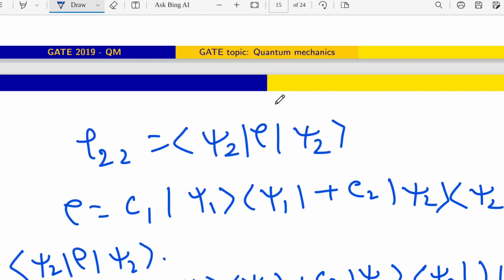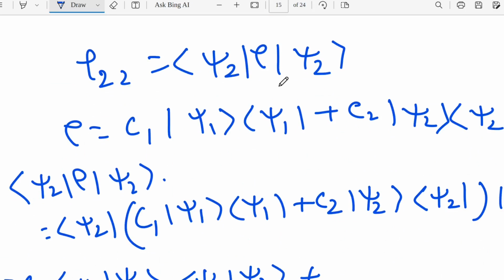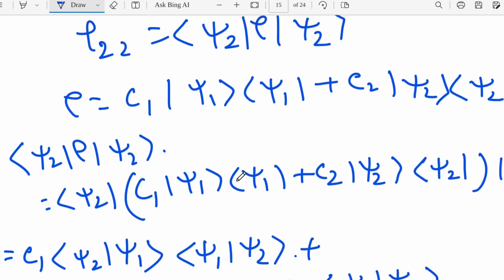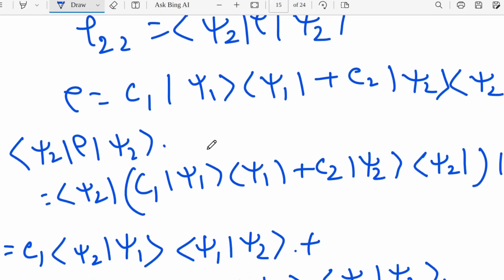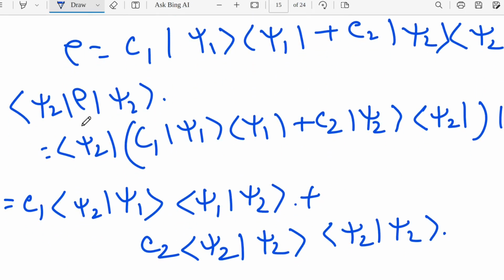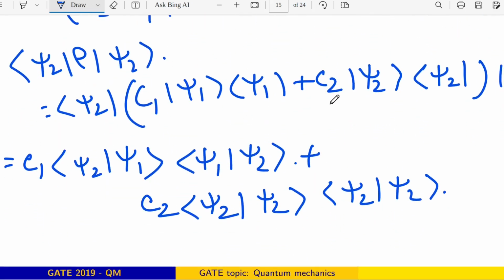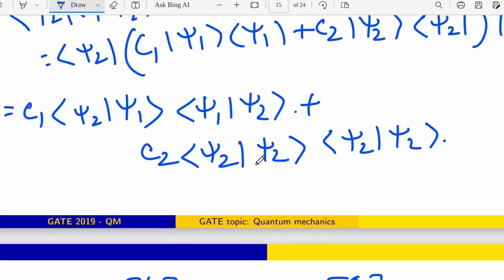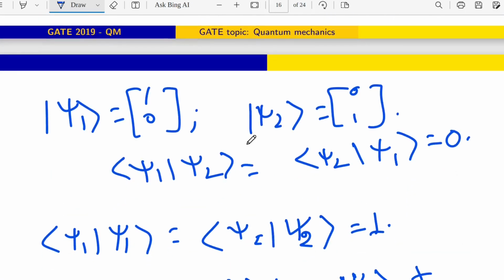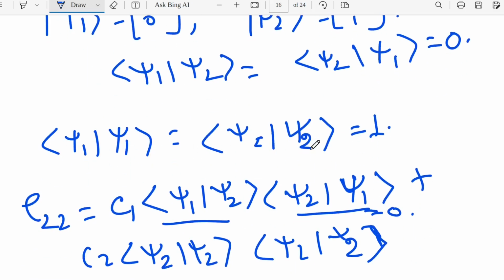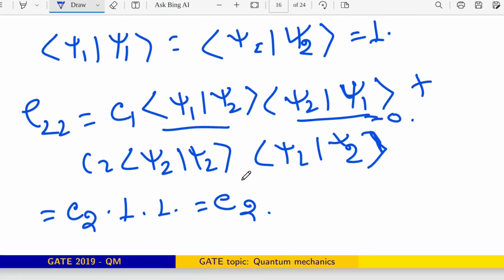Okay, now coming to row 2 2 in that question, whatever we are talking about here, you can see that the row I have written, then row 2 2 is psi 2 row psi 2, and I have mentioned all the calculations here. You can see that as psi 1 and psi 2 are two independent energy states, then psi 1 psi 2 or psi 2 psi 1 in bracket notation is 0, and psi 1 psi 1 or psi 2 psi 2 gives 1, and then we can see that row 2 2 is C2.